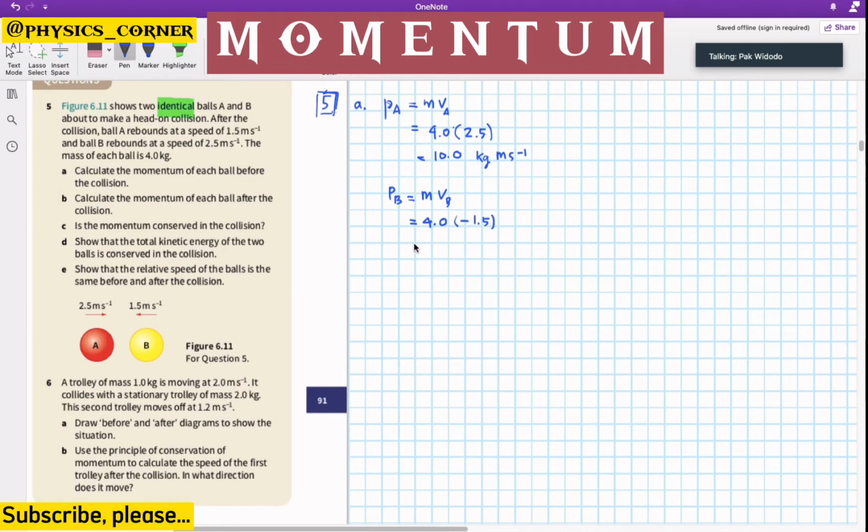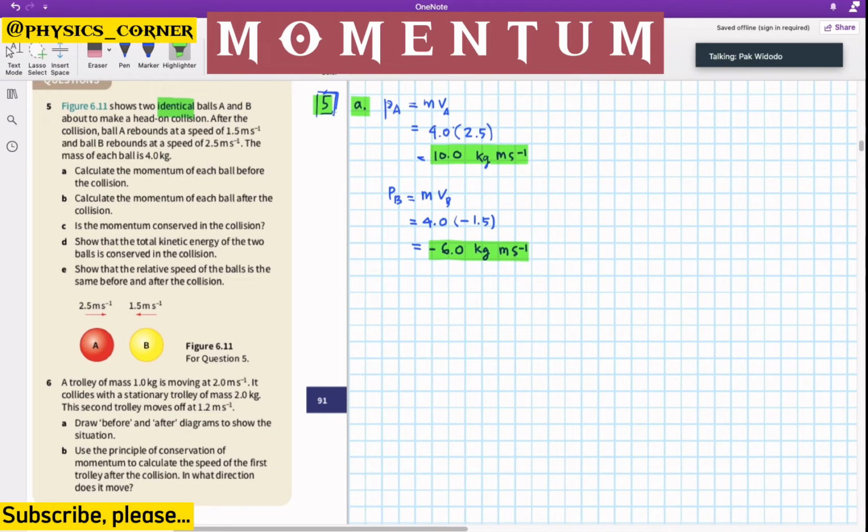So this is negative 6.0 kilogram meters per second. Okay, for question A we get 10 kilogram meters per second and negative 6.0 kilogram meters per second for ball A and ball B, the initial momentum.